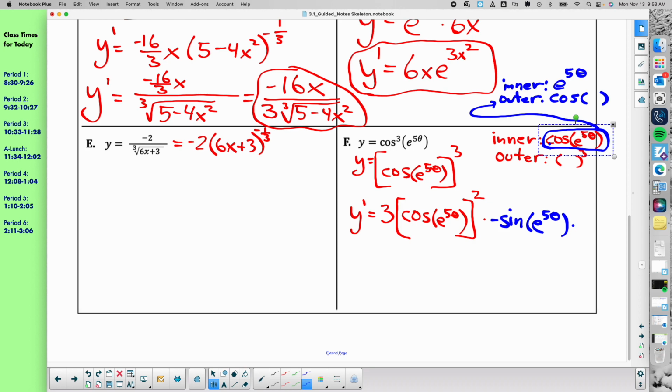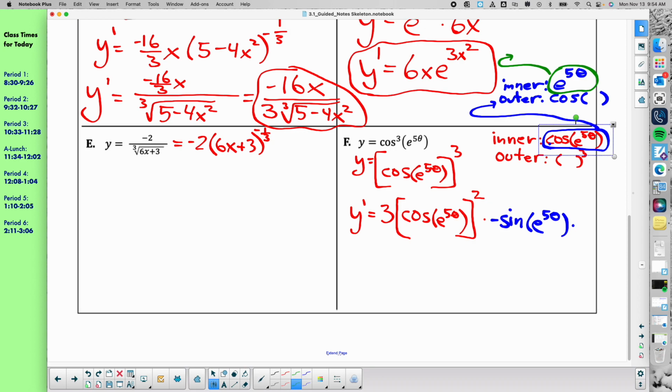and I still have another set of inner and outer information. So the derivative of my inner is a new problem. Now, I'm not expecting you guys to always be writing this out. I'm trying to explain how I go through it in my head.